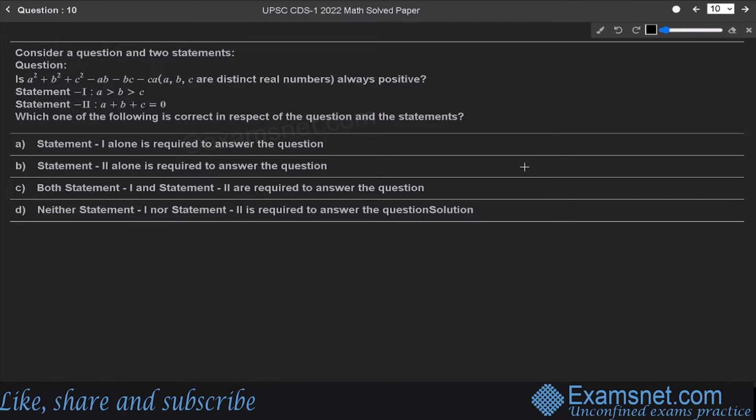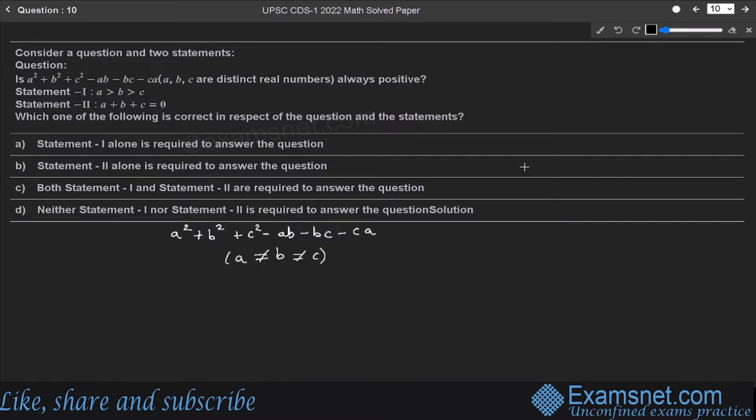The given expression is a square plus b square plus c square minus ab minus bc minus ca, where a, b and c are distinct real numbers. It means that a is not equal to b and b is not equal to c.